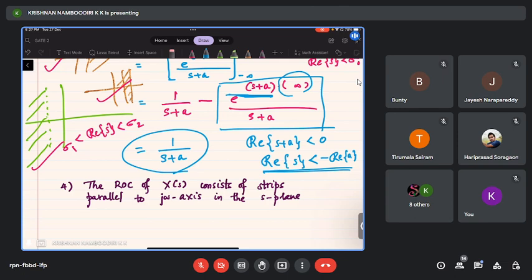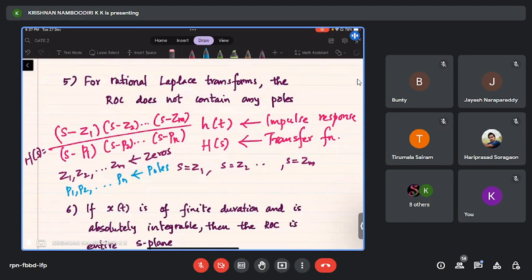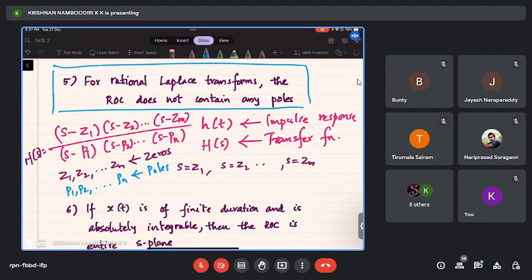So basically, minus a is a pole of this Laplace transform or this function. So minus a is not included in the ROC. So in general, we can say that for rational Laplace transforms, the ROC does not contain any poles.